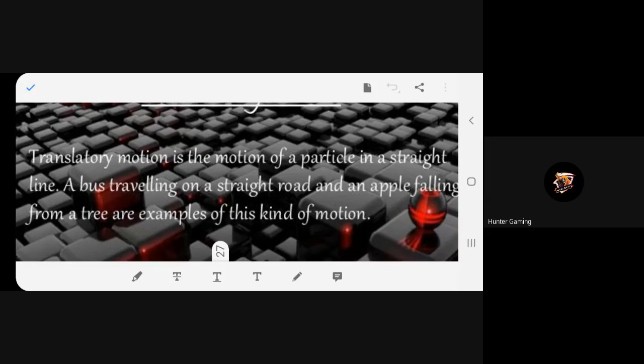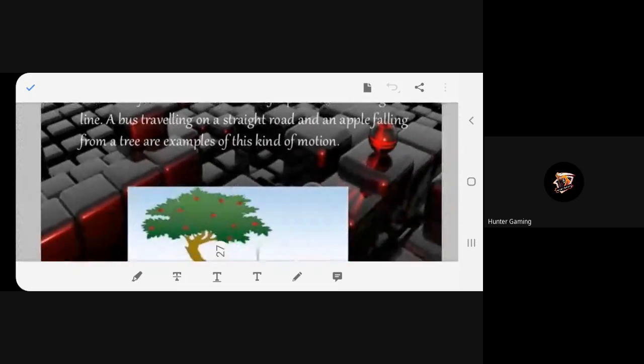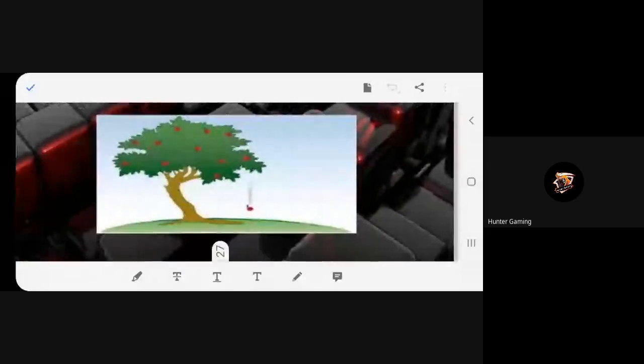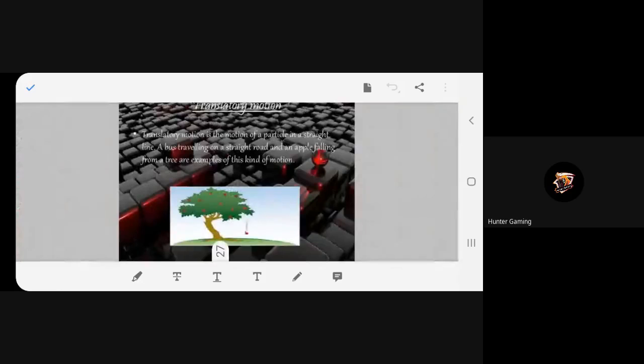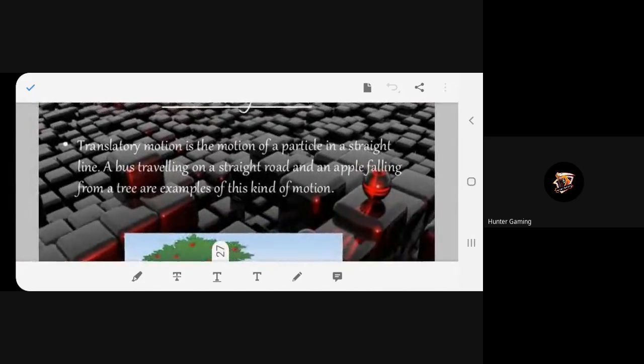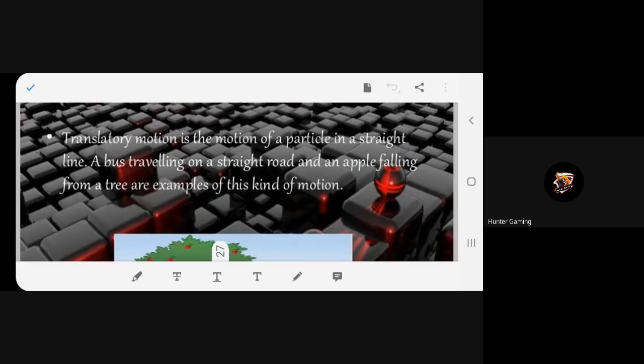Translatory motion is the motion of a particle in a straight line. A bus traveling on a straight road and an apple falling from a tree are examples of this kind of motion. So you can see this apple falling from a tree. It is the same as we have already done earlier.